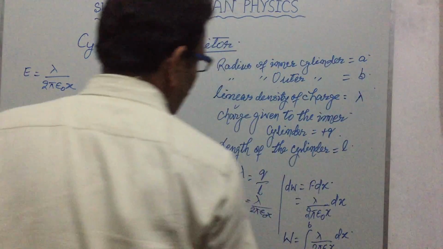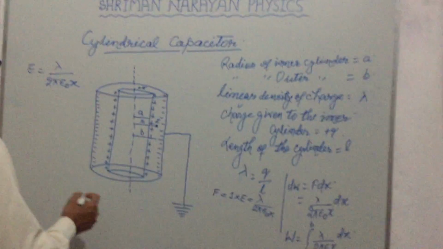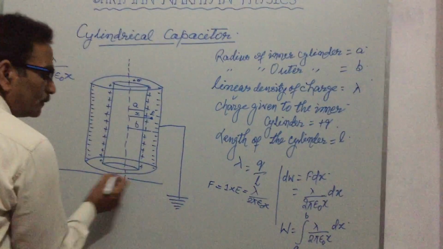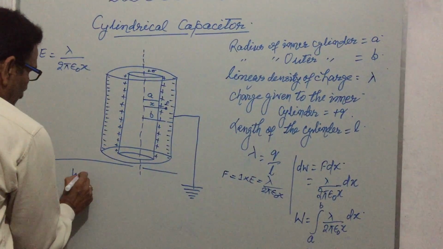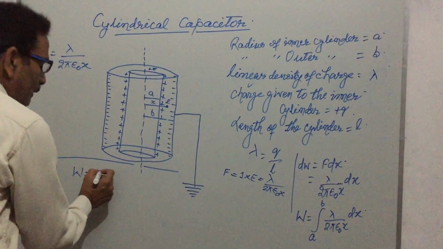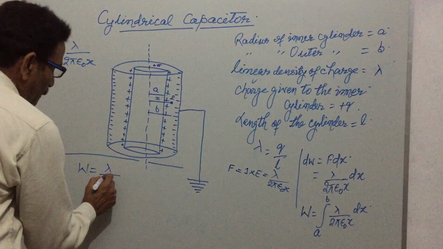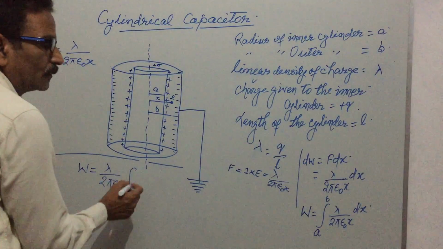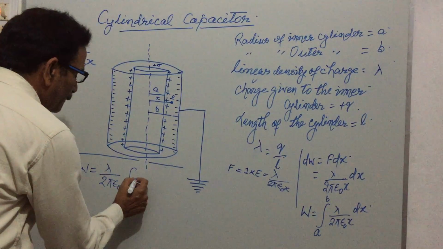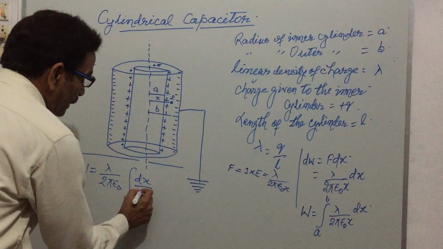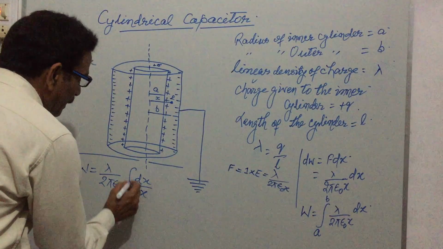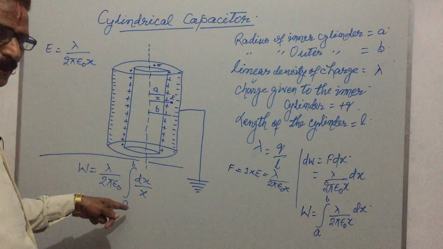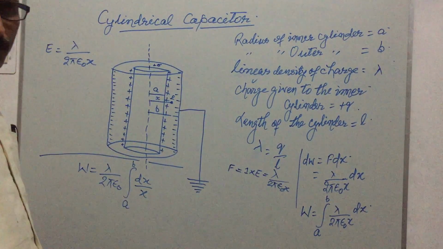Let us now try to solve this relation. We can write W is equal to lambda by 2 pi epsilon naught integral dx by x, lower limit A, upper limit B. And you know the integration of dx by x comes log x.